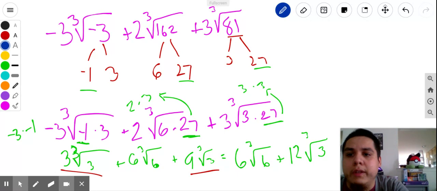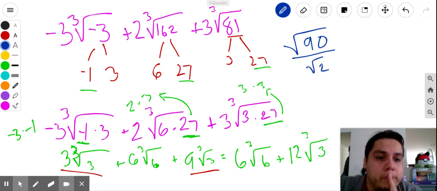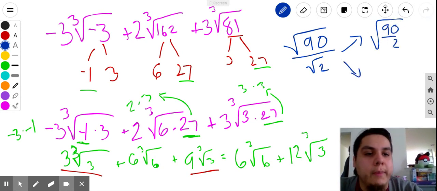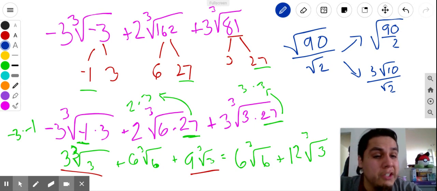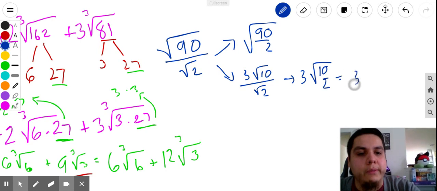One other thing I would like to note is if I gave you a dividing problem, like the square root of, I don't know, 90 over square root of 2, you could combine this into one giant radical problem, like square root of 90 divided by 2, or you could just think about it as 3 radical 10 divided by radical 2, in which case you would still combine it, because this should just be 3 times the square root of 10 divided by 2, which should be 3 radical 5.